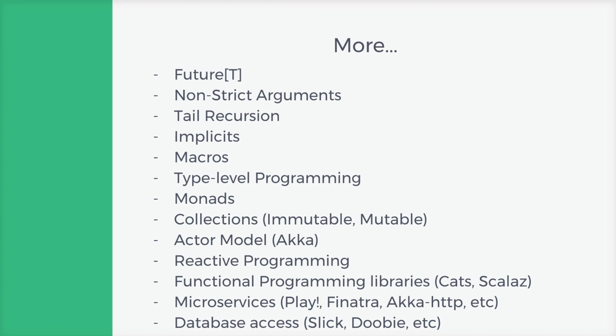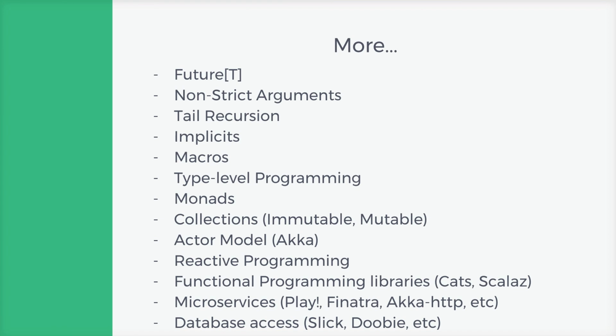There are reactive applications and reactive programming, a topic that Scala is very focused on. And there are very interesting functional programming libraries like Cats or Scalaz, and we could also talk about several things about microservices, like building microservices with the Play framework that is very popular, Finatra, Akka HTTP, and several other frameworks.